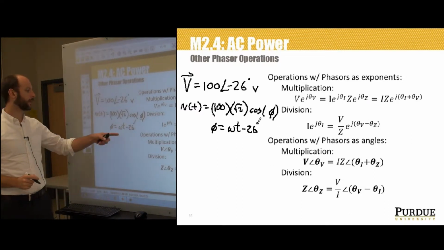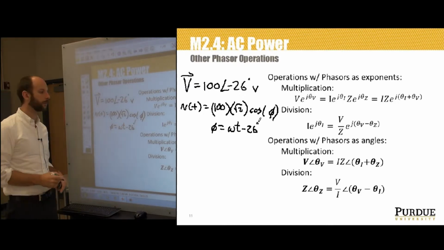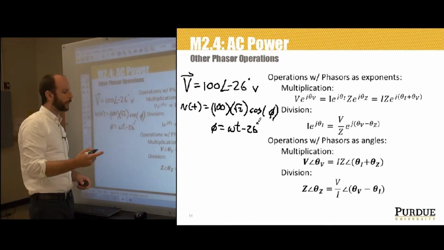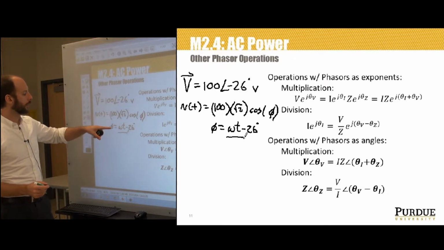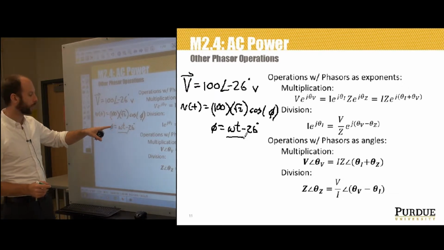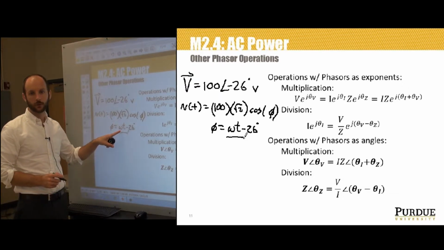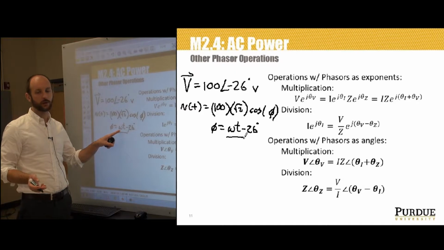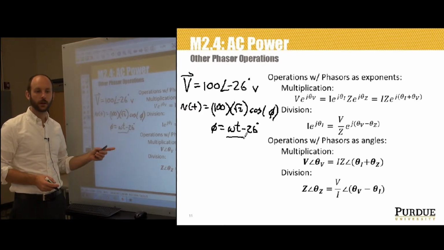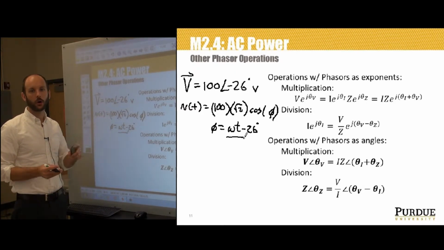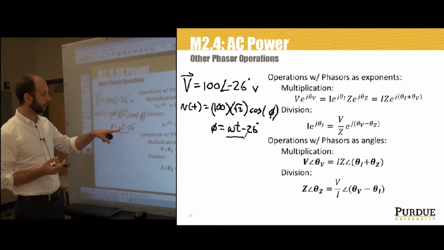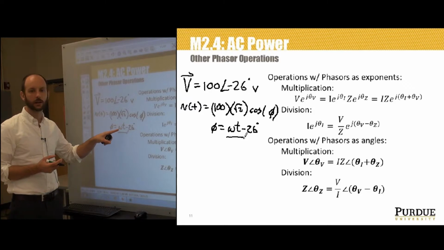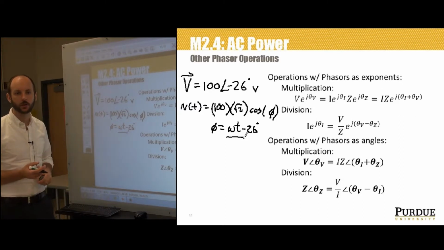The reason I wrote phi separate is, one, I was running out of room, but I want to make a significant point here. When I went from the phasor format to the instantaneous time domain expression for the voltage, I do not have a value for the frequency. We can't know the value of angular frequency from the phasor, since the phasor only carries amplitude and phase, no frequency information. So without further information, we can't fill that part of the equation in.